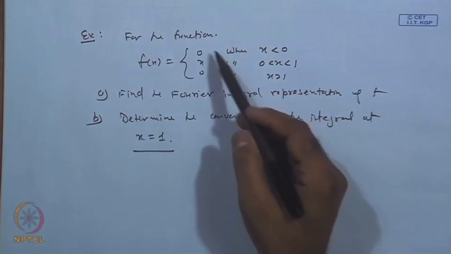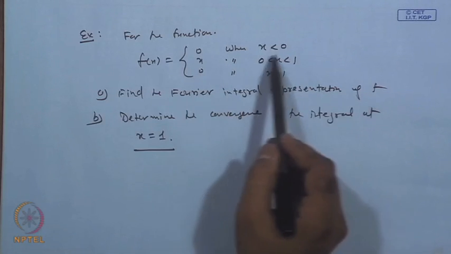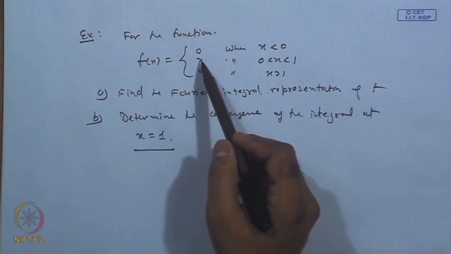Here, if we look at this function, which is defined from minus infinity to plus infinity, it is 0 on the negative axis, x between 0 and 1 it is x, and for x greater than 1 it is again 0.